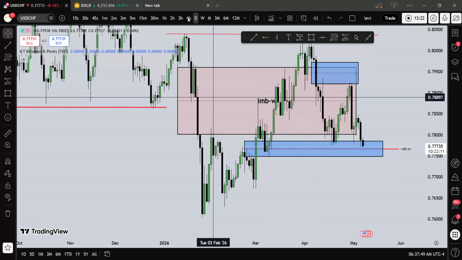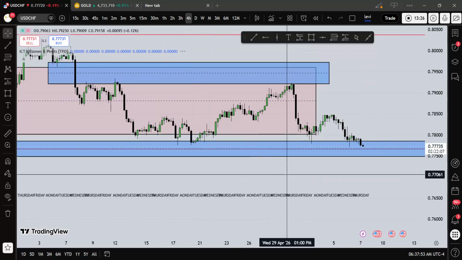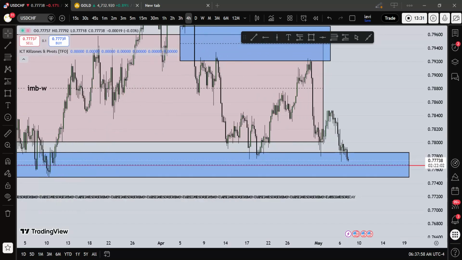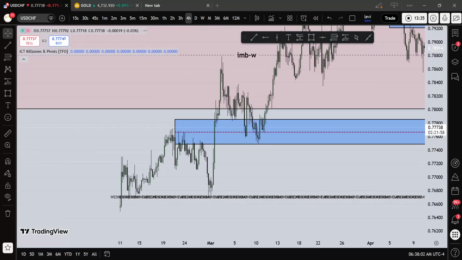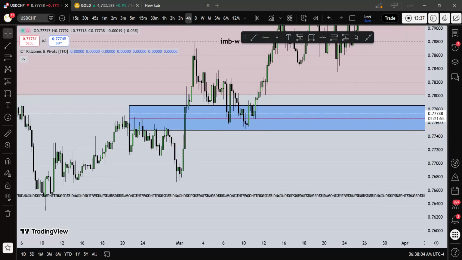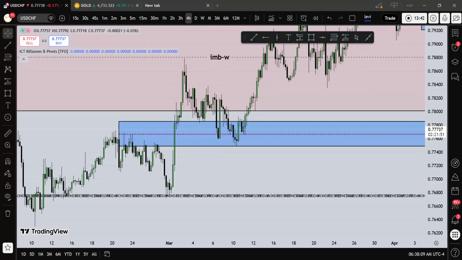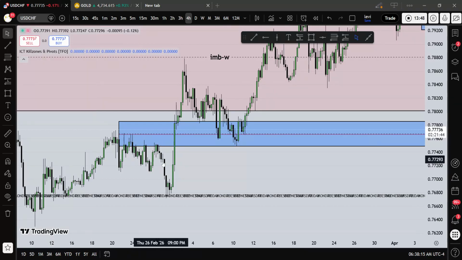So let's go to the 4 hour chart and see what we have. On the 4 hour, this series of down candles here is the order block from the daily chart.